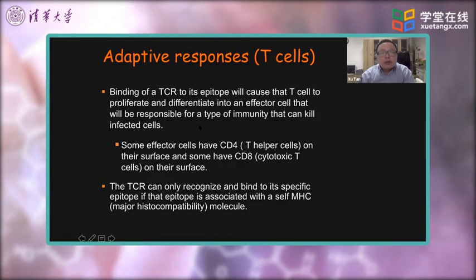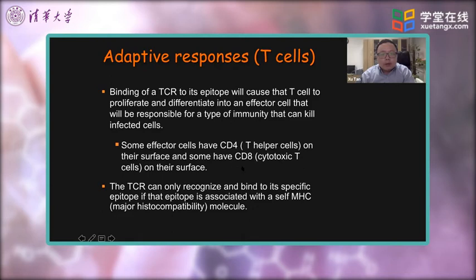To summarize the last slide, the binding of a T cell receptor to its epitope will cause the T cell to proliferate and differentiate into an effector cell that will be responsible for a type of immunity that can kill infected cells. Some T cells have the CD4 molecule on the surface, and some have the CD8 molecule.